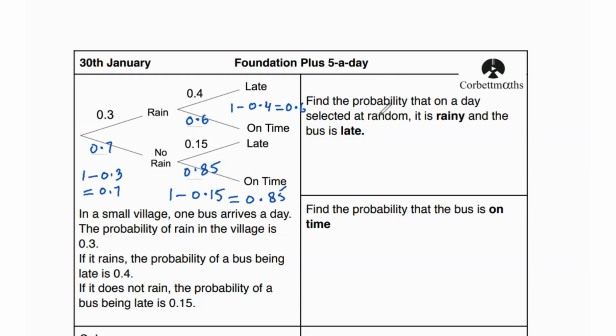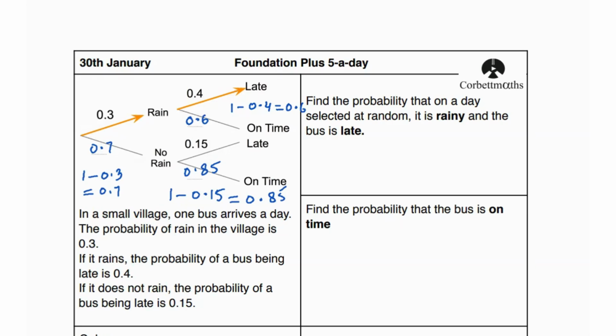Now, the question says, find the probability that on a day selected at random, it is rainy and the bus is late. So if it's rainy and the bus is late, we're going from here to here. It rained first and then the bus was late. When you're going along the branches, you multiply the probabilities.